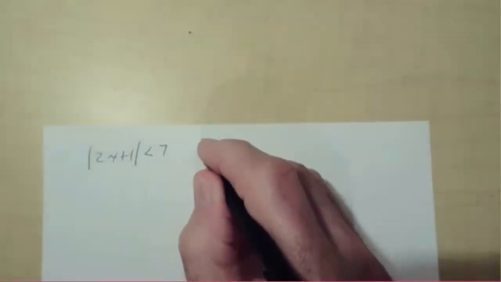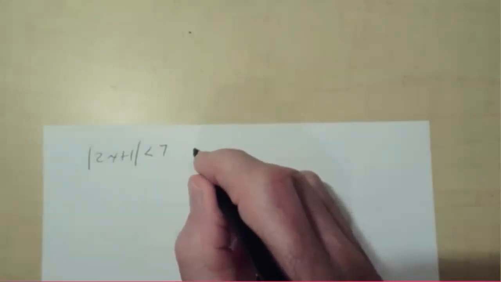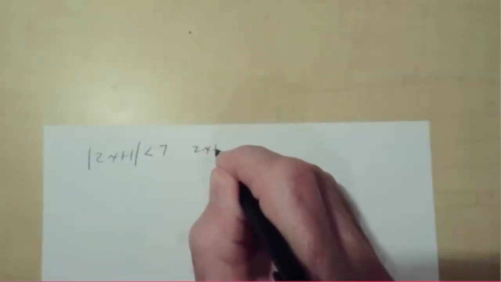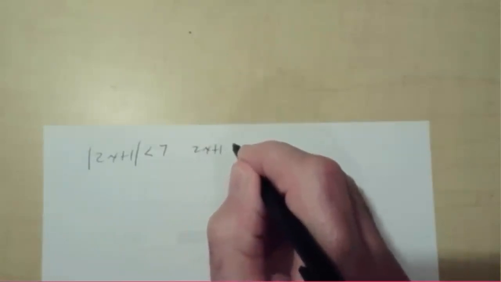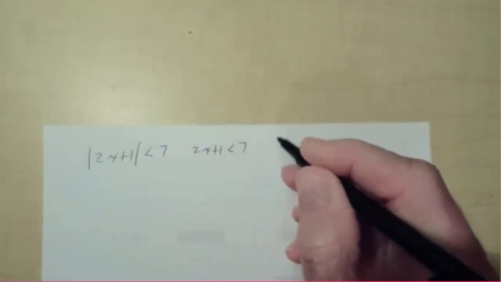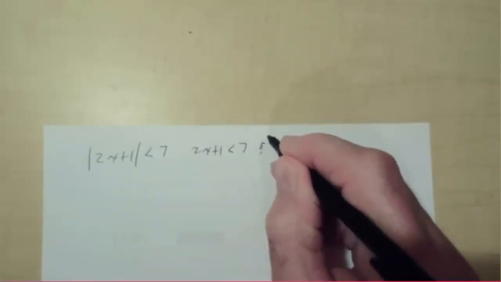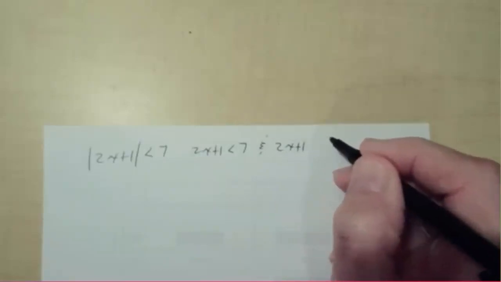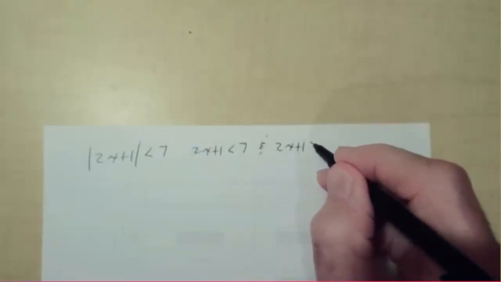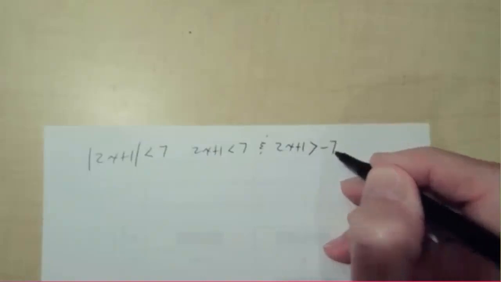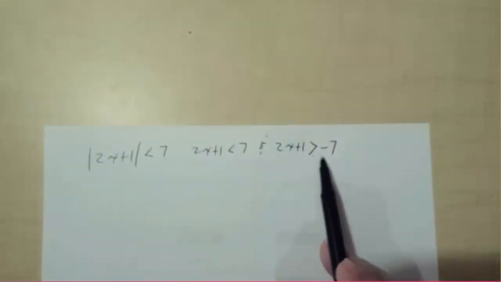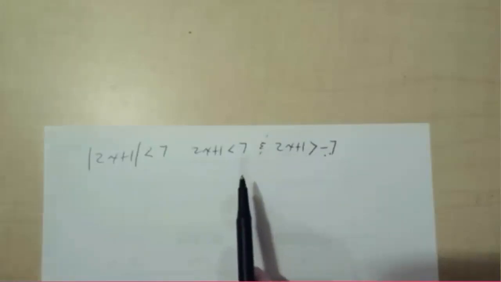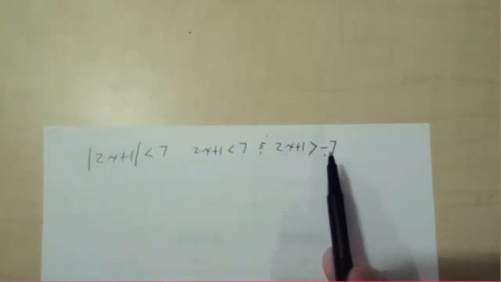We have 2x plus 1 is less than 7, and we have 2x plus 1 is greater than negative 7. Okay, because what we did here was we changed this sign to negative. Whenever we multiplied that by negative 1, we have to change the sign.